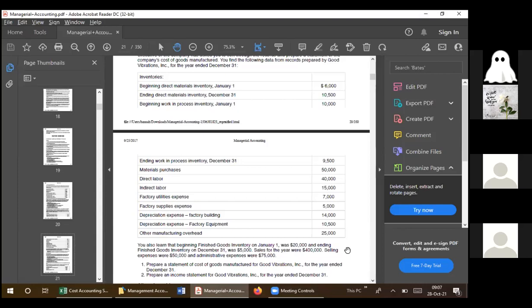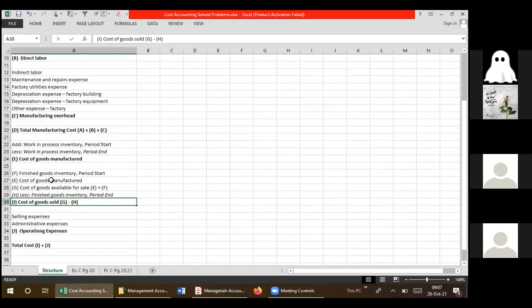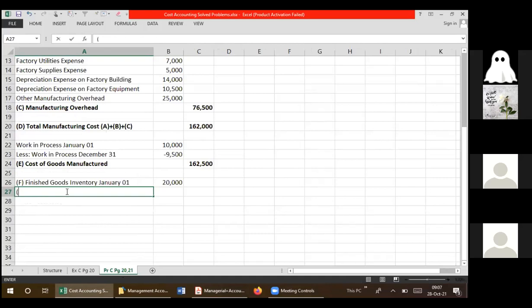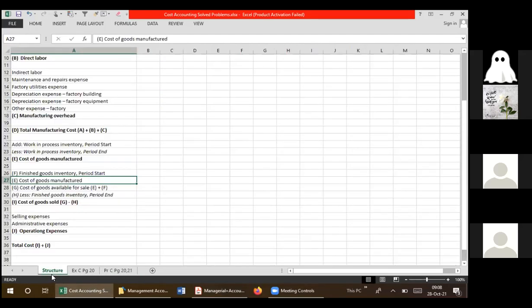Then we have ending finished goods inventory. I think first we have to calculate something else. Okay, we add point E here. So we add to that point E, that is cost of goods manufactured, 162,500.